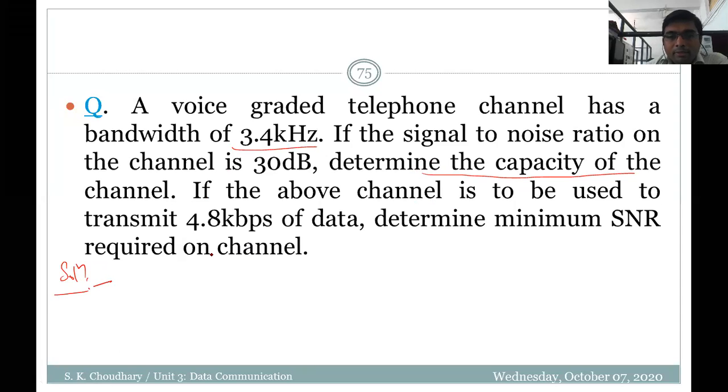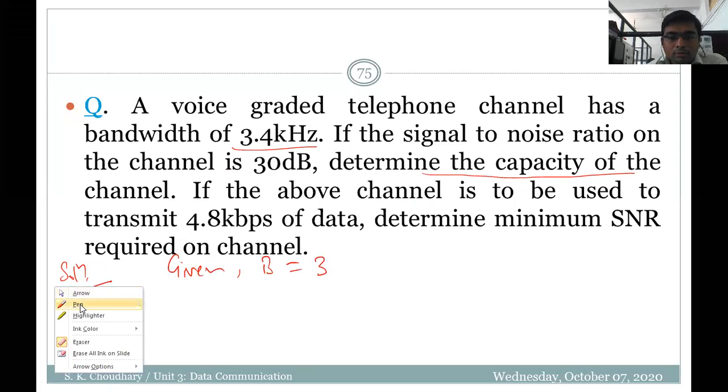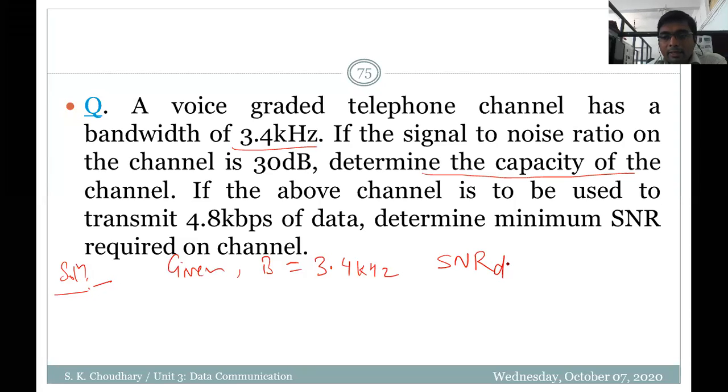Given parameters are B is 3.4 kilohertz, and SNR in dB is 30 dB. So what do we have to do according to our formula? Can anyone tell me, those who are solving this?